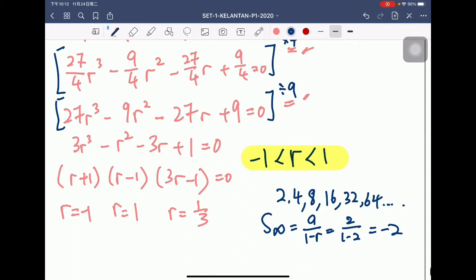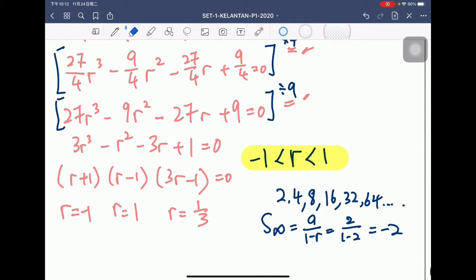But will the sum to infinity of this progression equal -2? Definitely not. So it means your r should be smaller than 1 and greater than -1, so that you get an accurate answer for the sum to infinity.